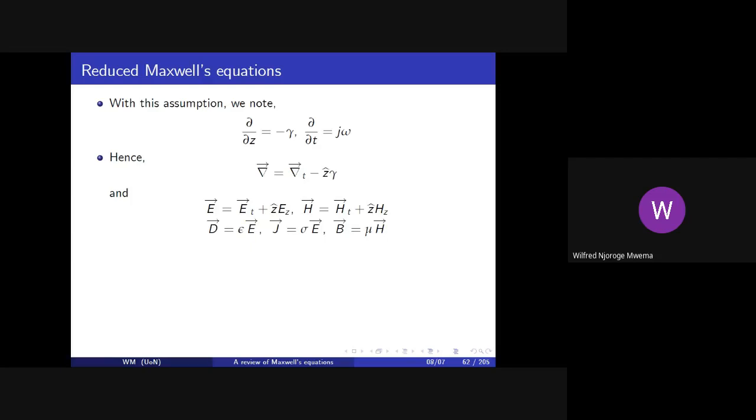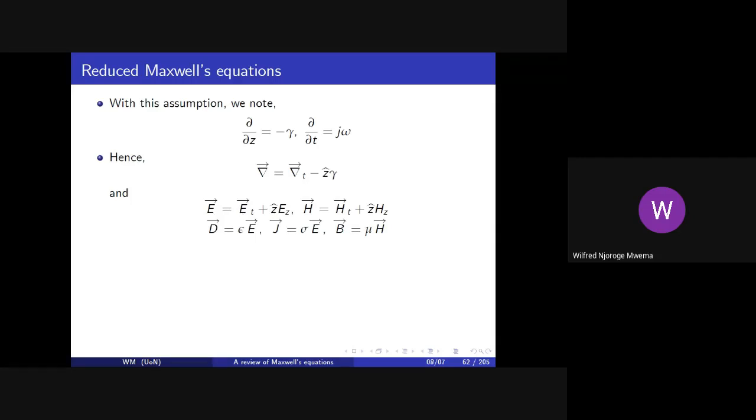J, assuming the convection current is no longer being considered and we are just considering the flow of charge carriers in a conductor, then J, the conduction current density, is given by sigma multiplied by E, where sigma is the conductivity of that material.